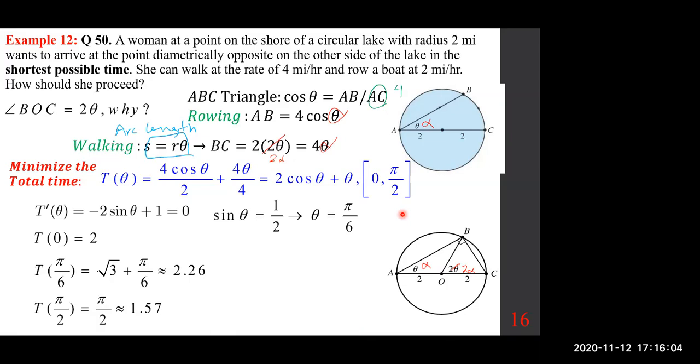Obviously, this is the largest number, and this is the smallest number. What do we want? Let's go back. Shortest possible time. So the minimum is when theta is pi over 2, and the minimum value is equal to pi over 2 precisely. So she should basically walk.